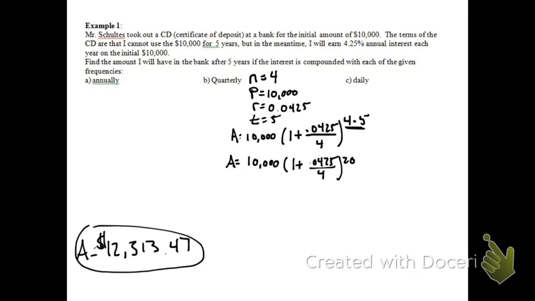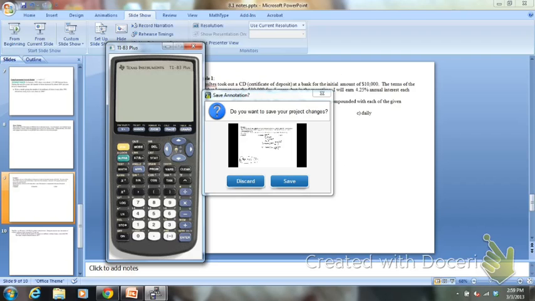And I'm going to show you how I would type that in my calculator to have it do all of the work. So in my calculator, I'm going to type in the 10,000 once again, and now it's times 1 plus 0.0425. Remember, we're dividing that by 4, so I'm going to divide it by 4, close the parentheses, and raise it to the 20th power.